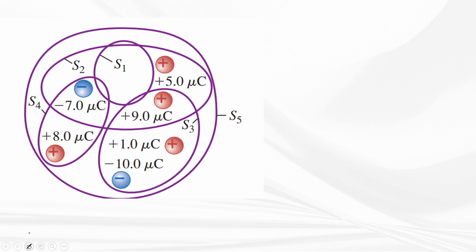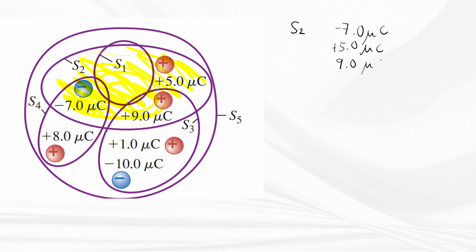So, look carefully at surface 2. Okay, surface 2, highlighter. So, at surface 2, how many charges are enclosed? Enclosed in it are a -7.0 microcoulomb charge, a +5.0 microcoulomb charge, and a 9.0 microcoulomb charge.